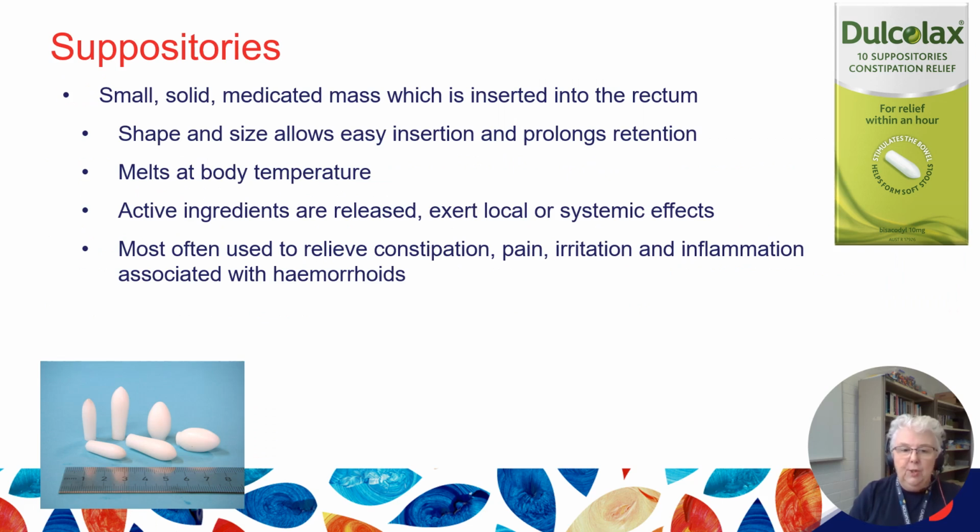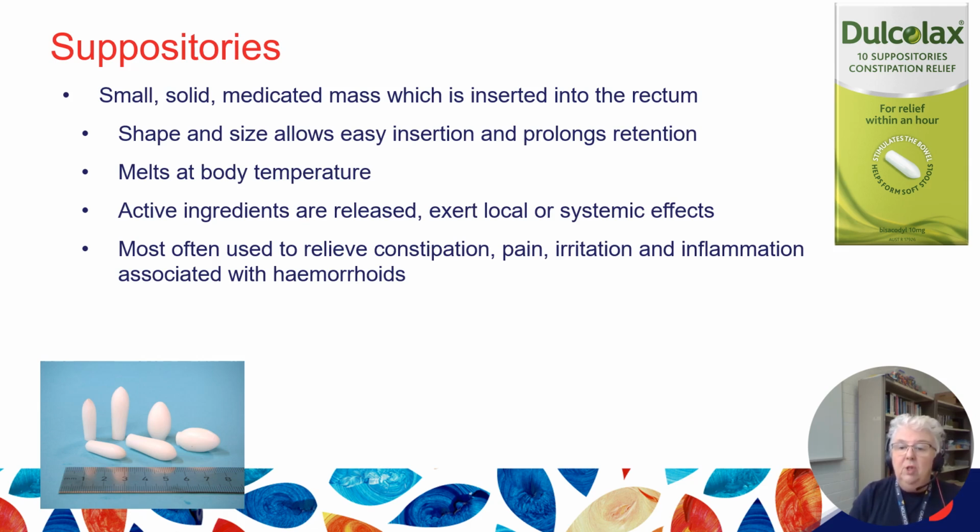Now, suppositories are small solid medication masses. You'll also get to make these in compounding, and they're inserted into the rectum. The shape and size allows for easy insertion and prolongs retention. These products melt at body temperature and the active ingredients are released, and they can exert either local or systemic effects.